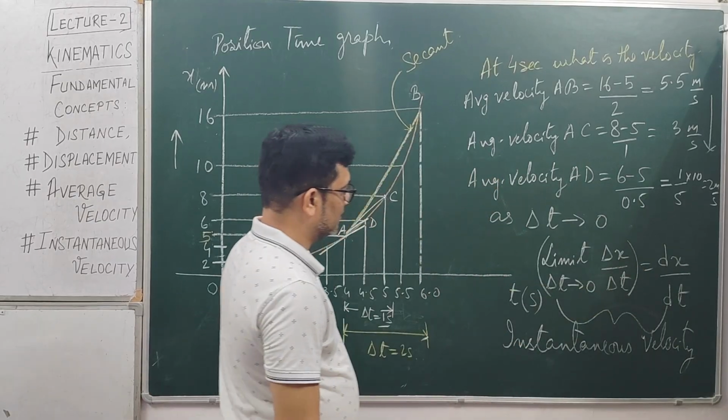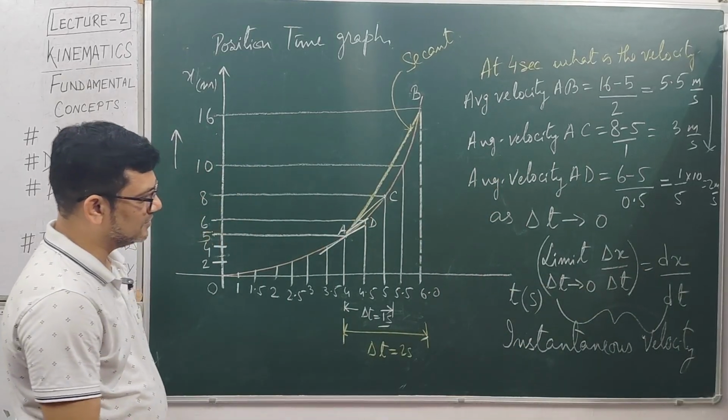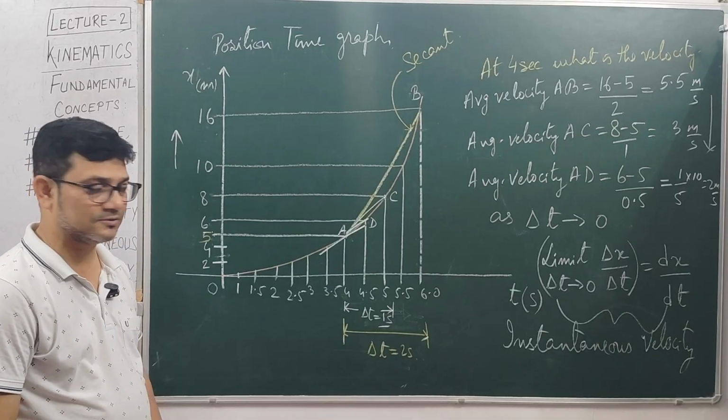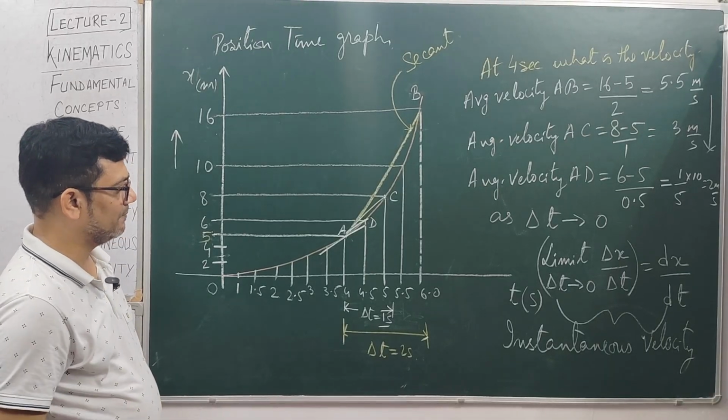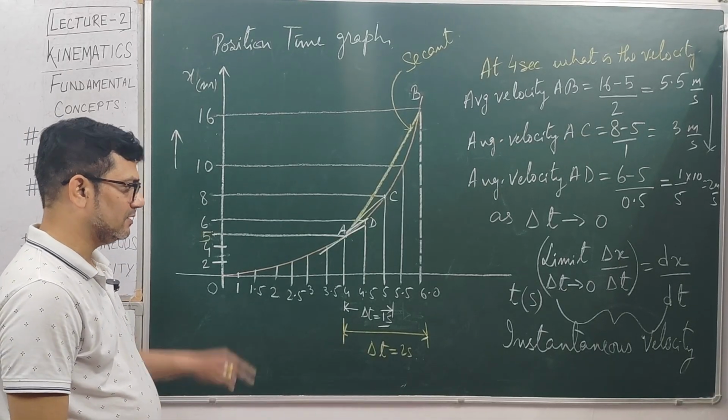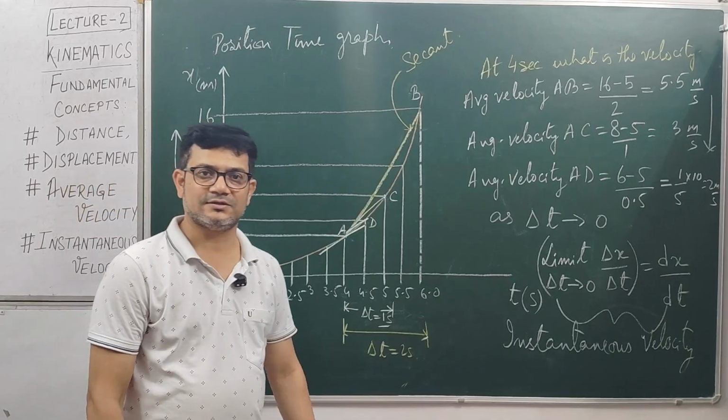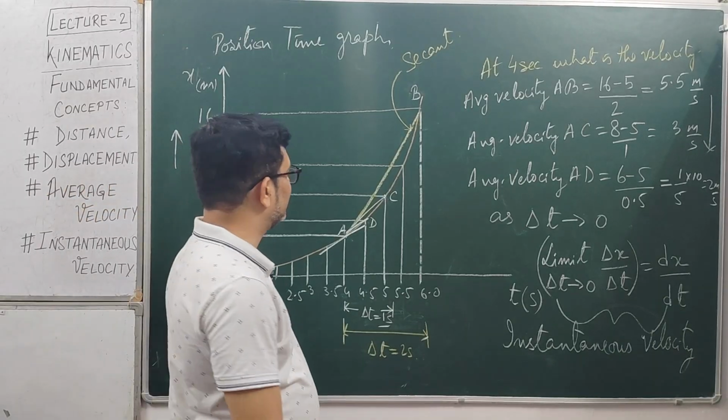That is, we take the derivative of x, which is position, with respect to time, and we get the instantaneous velocity. This is the concept of instantaneous velocity. So how can we define it?